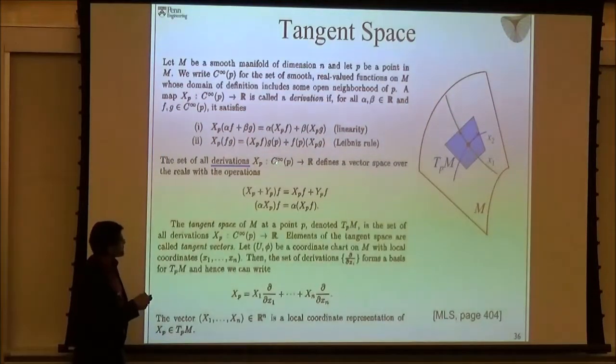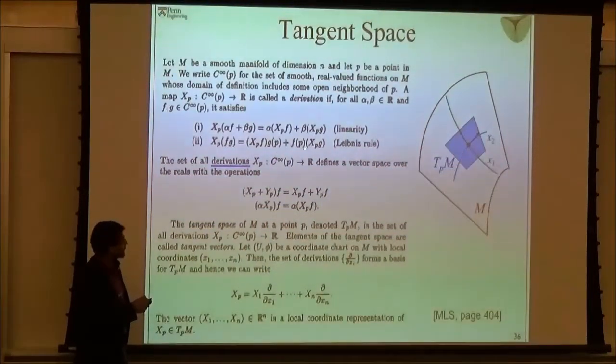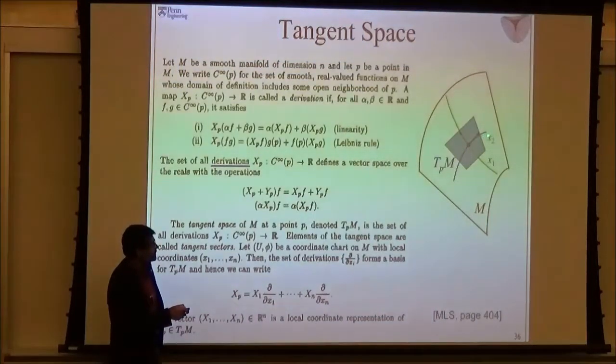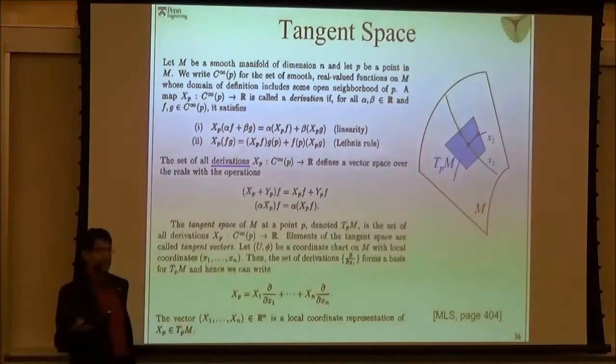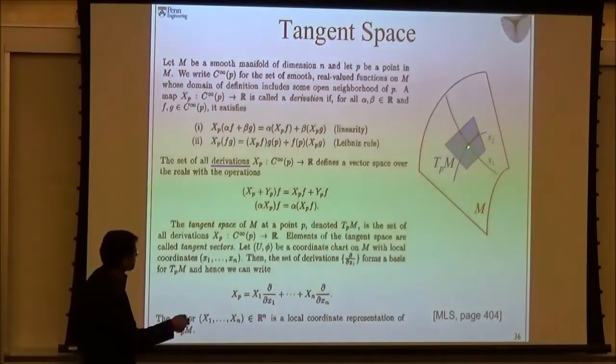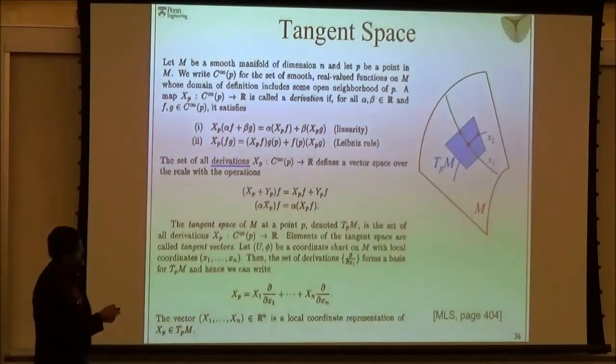This is basically the set of all continuous, infinitely differentiable functions defined at a point P and its immediate neighborhood. So imagine functions on the manifold that are smooth functions of points in this neighborhood. And imagine the set of objects that map from these functions to the reals.